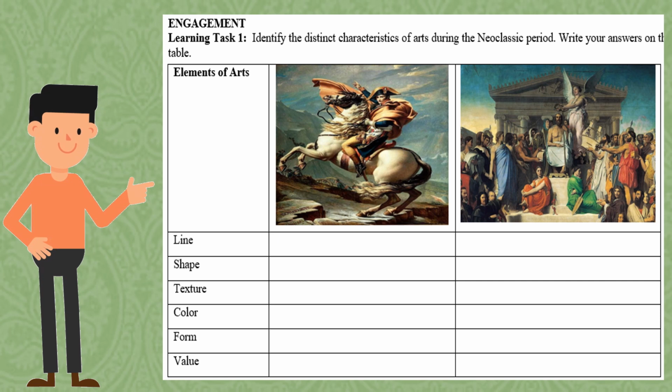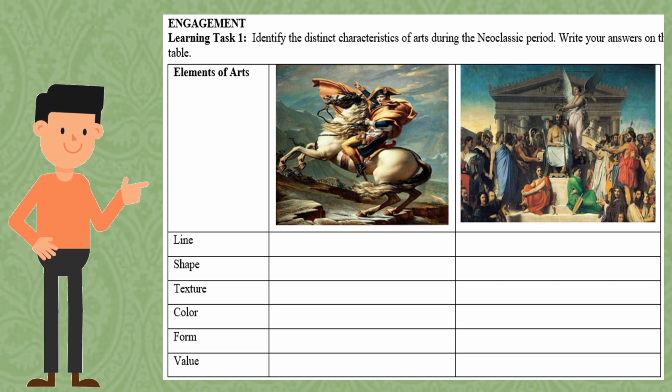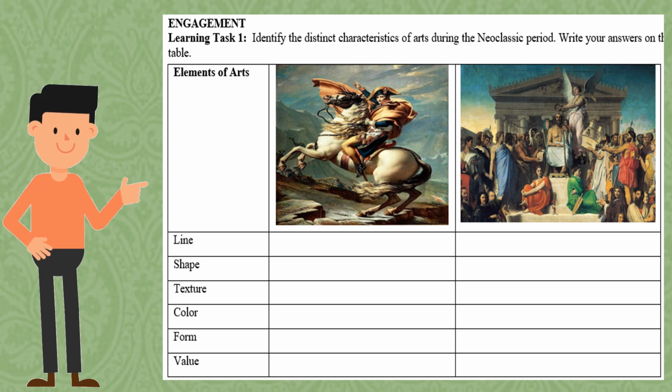For example, the lines. What are the lines visible in the painting of Jacques-Louis David? Are there vertical lines, straight lines, curved lines, and so on, as with Ingres' painting? The shape, the texture, color, form, and value, we are all familiar with. You are also given the guide in our group chats.